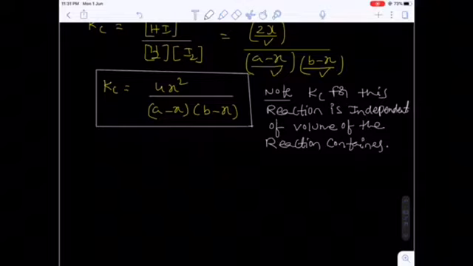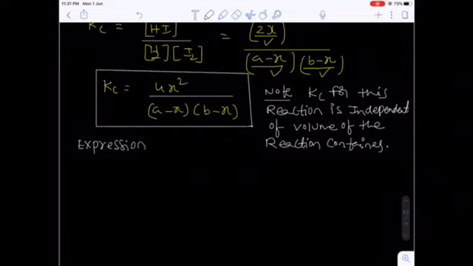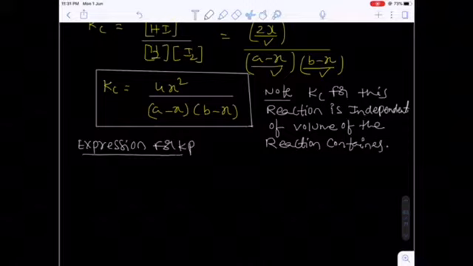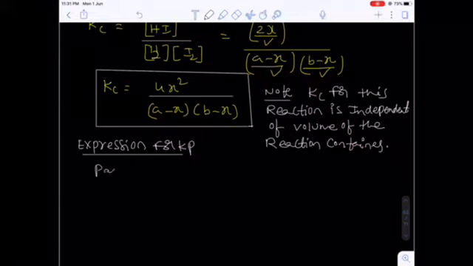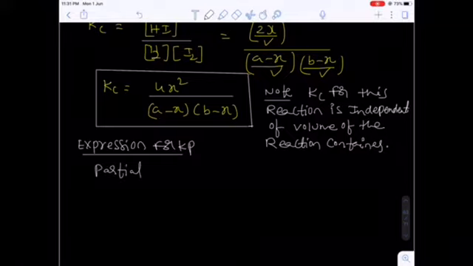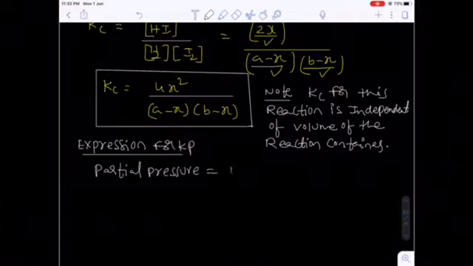Okay, now after the expression of Kc, the next expression is for Kp. For the expression of Kp, we require partial pressures. Now, how to calculate the partial pressure?